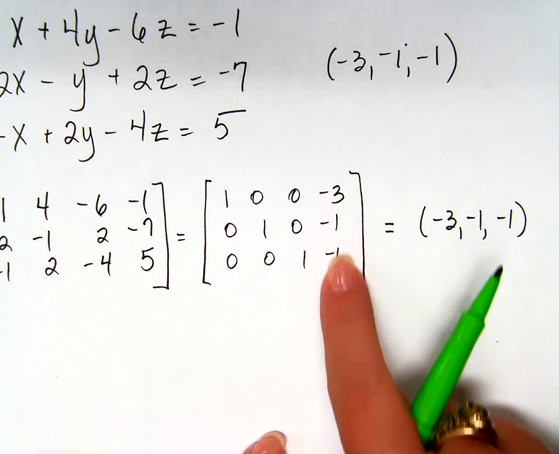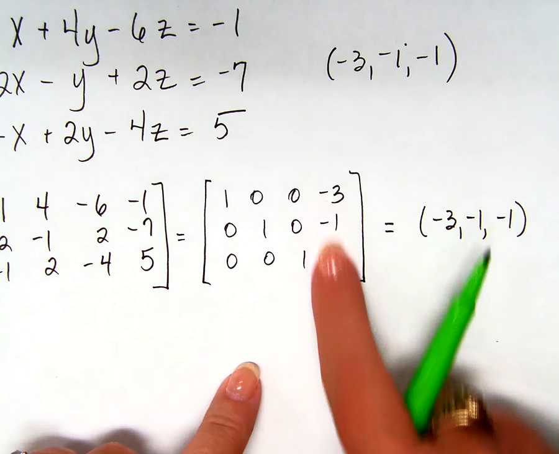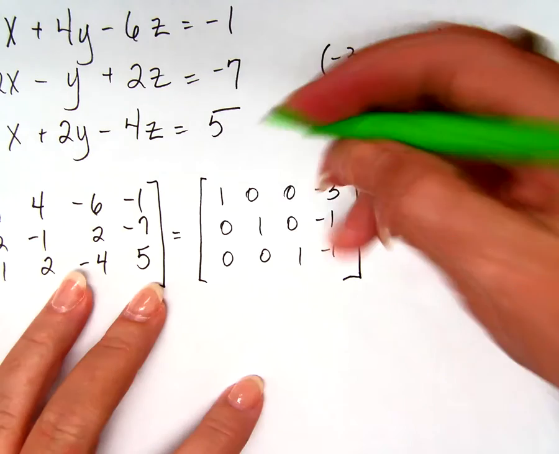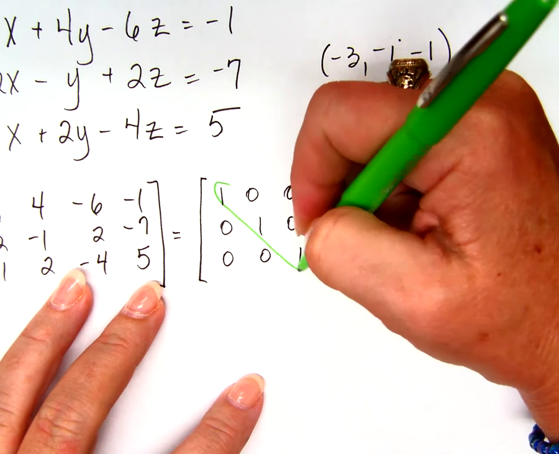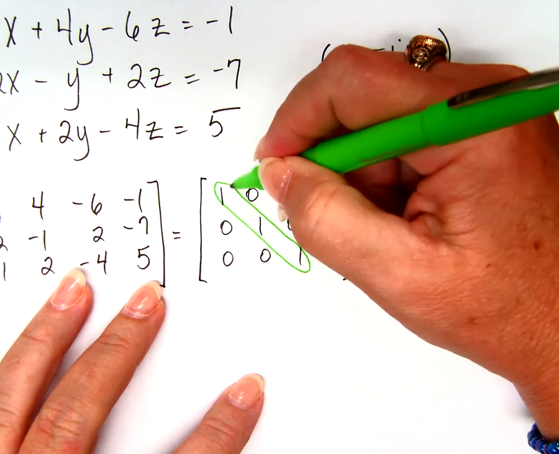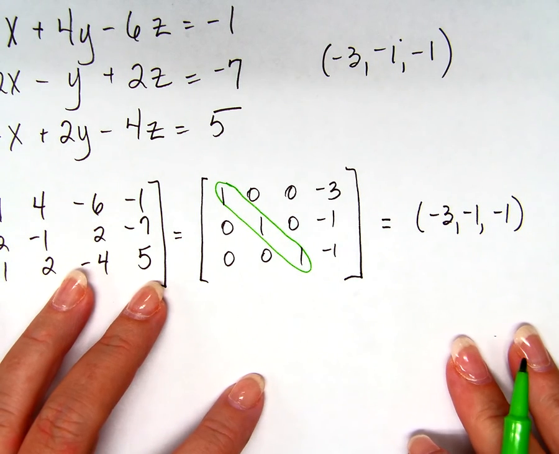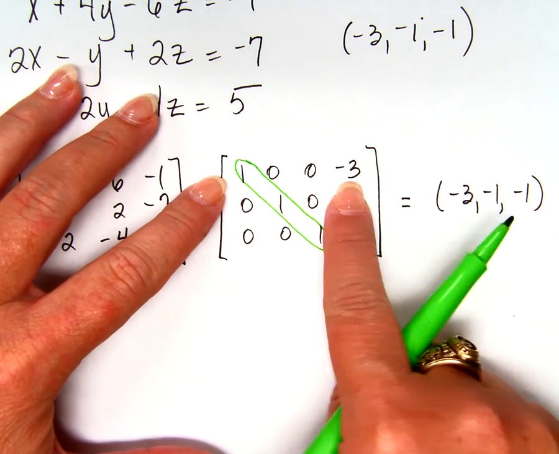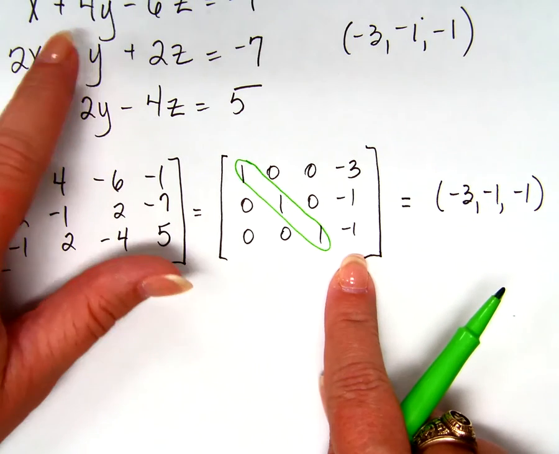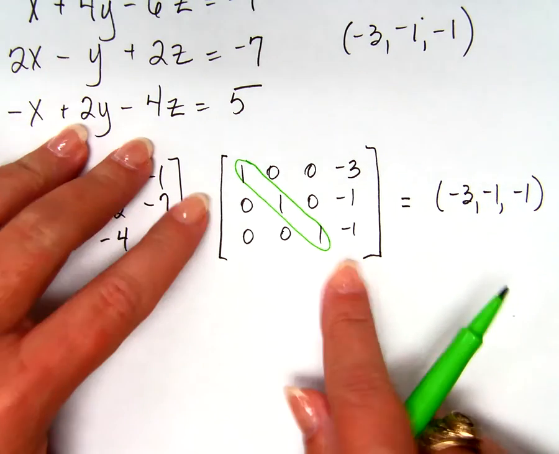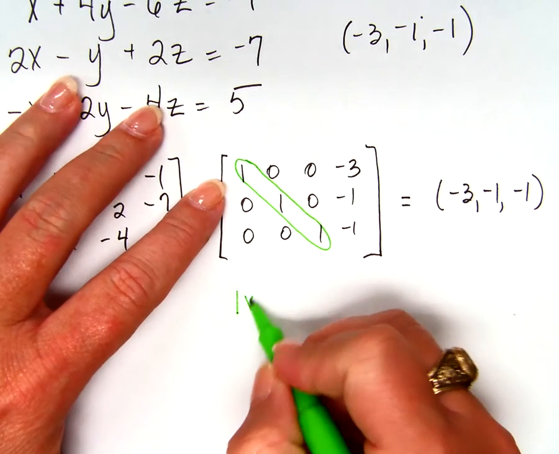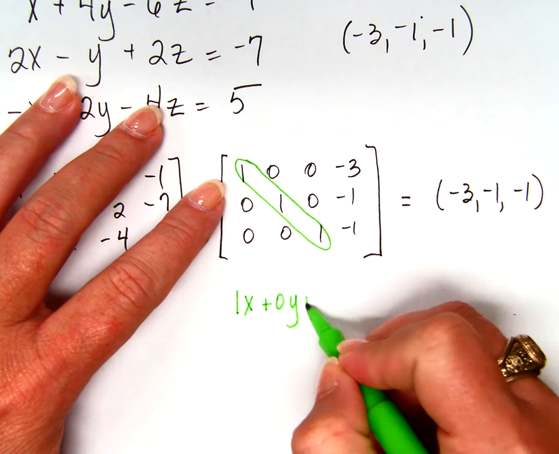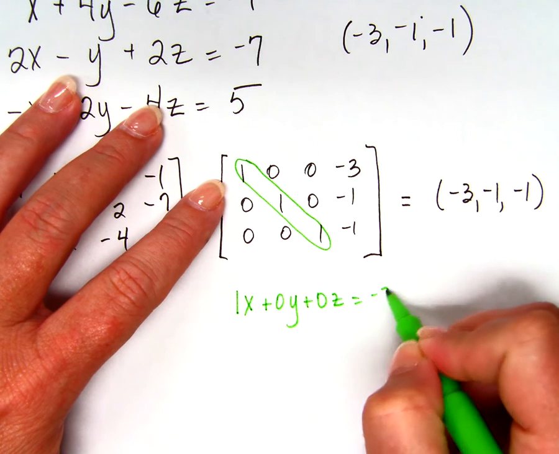They are the numbers right here, but it only works if this is a diagonal of ones. Because think about it, guys, for a second. If I'm going to translate this answer matrix back into a problem like this, wouldn't it say 1x plus 0y plus 0z equals -3?